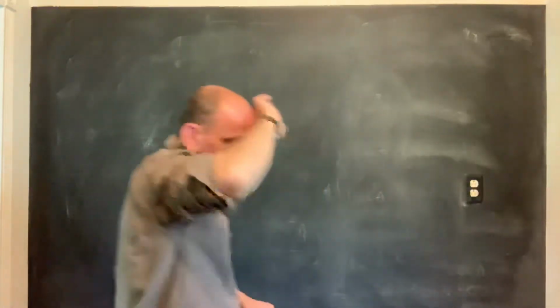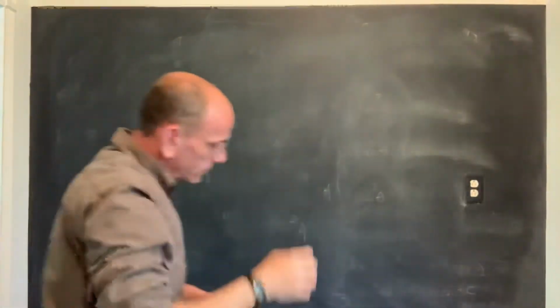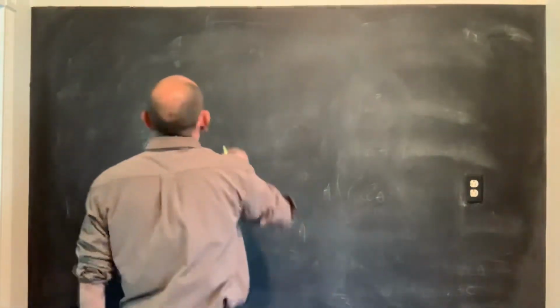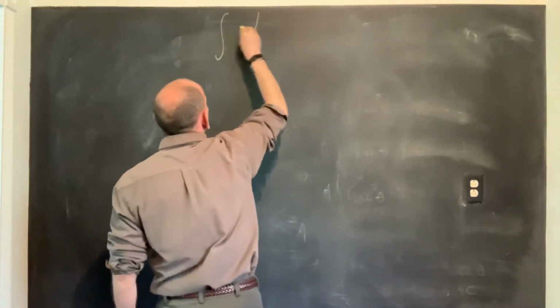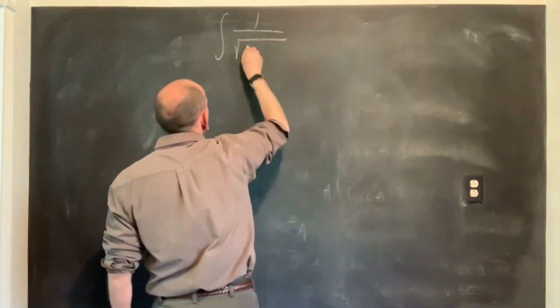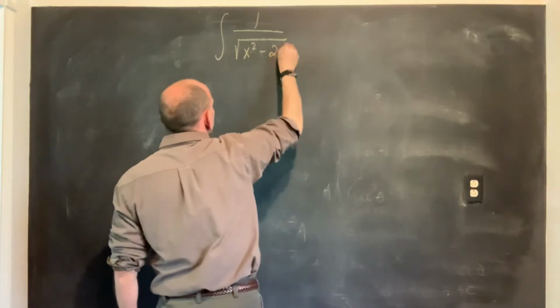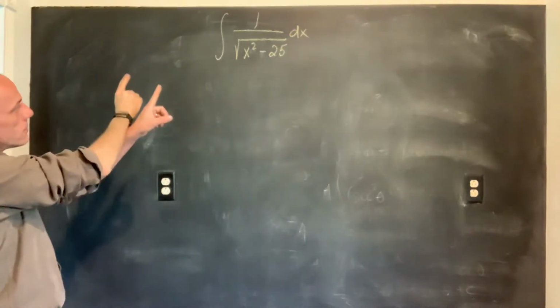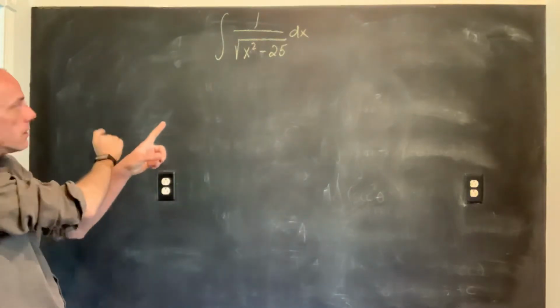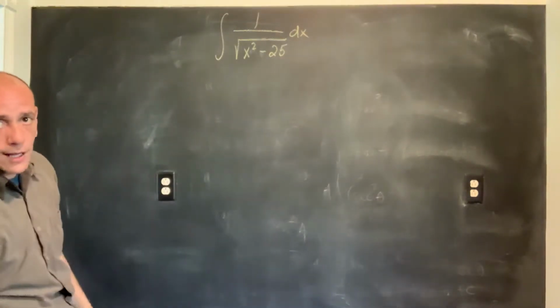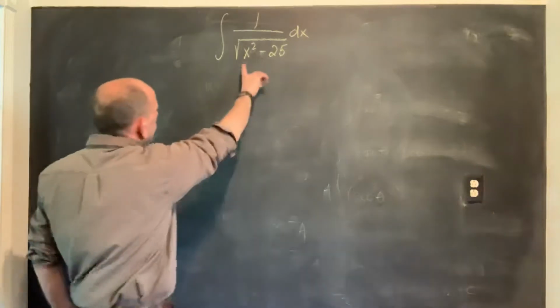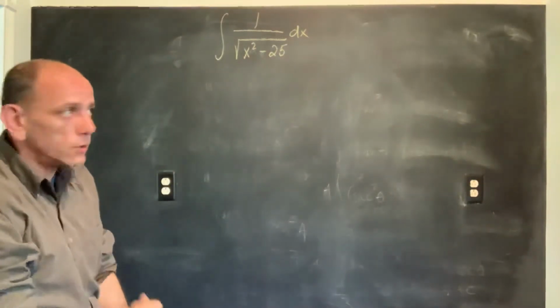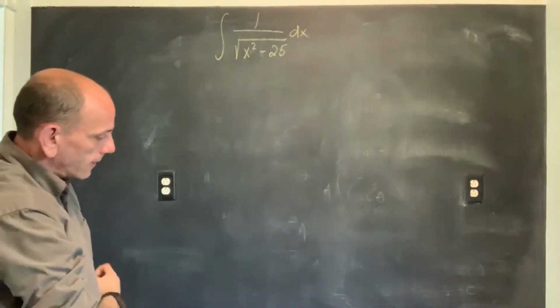So if our function comes first, then we'll use u equal a secant theta. So let's try 1 over root x squared minus 25 dx. Now if those had been reversed, 25 minus x squared, then I would have gone u equal a sine theta. But since my function comes first, I'm going to go u equal a secant theta.